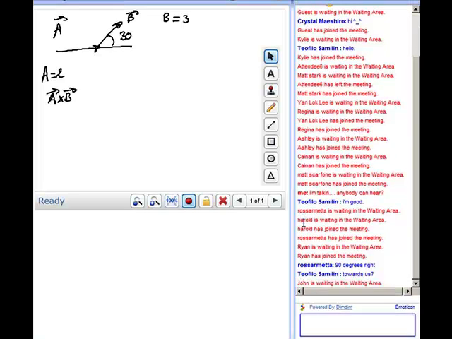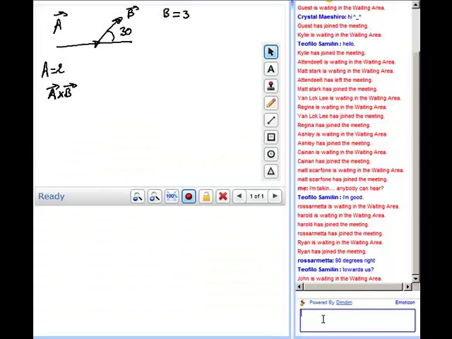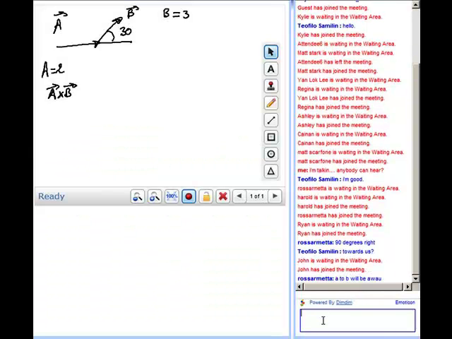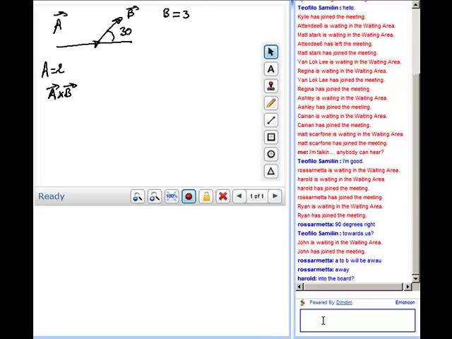Theo suggests that it's perpendicular to the plane and towards us. Anybody agree or disagree? So we have two different answers. Two people are saying into the board and one person out of the board, towards us, away from us.